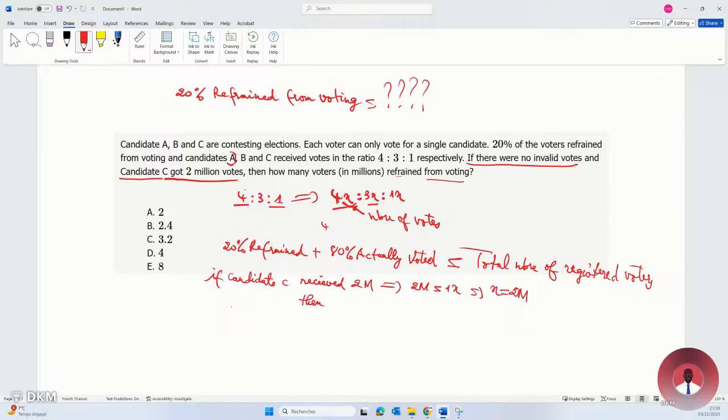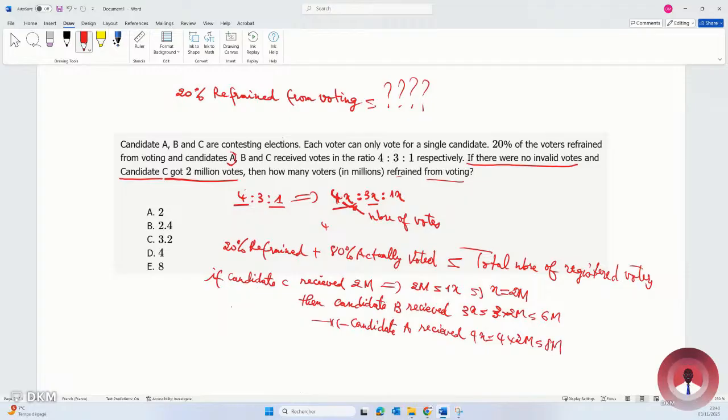Candidate B received 3x, which is equal to 3 times 2 million, which is 6 million. And candidate A received 4x, which is 4 times 2 million, which is 8 million.